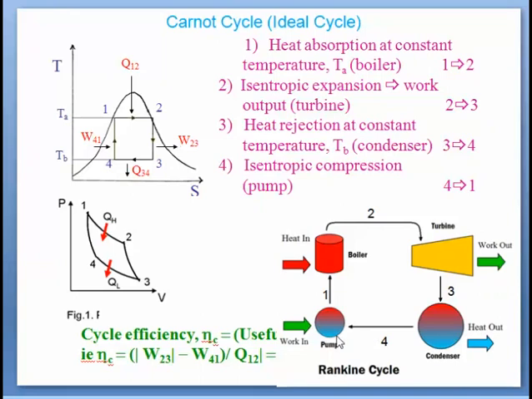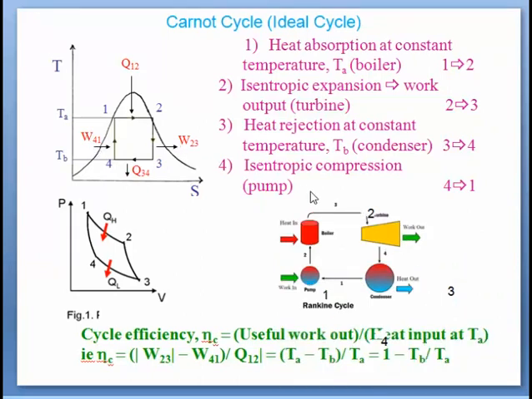Now that mixture is pumped by the pump from state condition 4 to 1 isentropically. So the pump will consume some work, which is represented by W41. So again just see this total process: from 1 to 2 there is heat addition in the boiler, 2 to 3 is isentropic expansion in the turbine where work is developed.